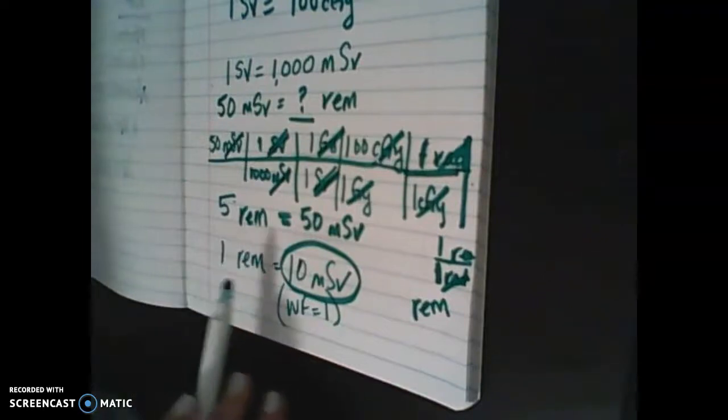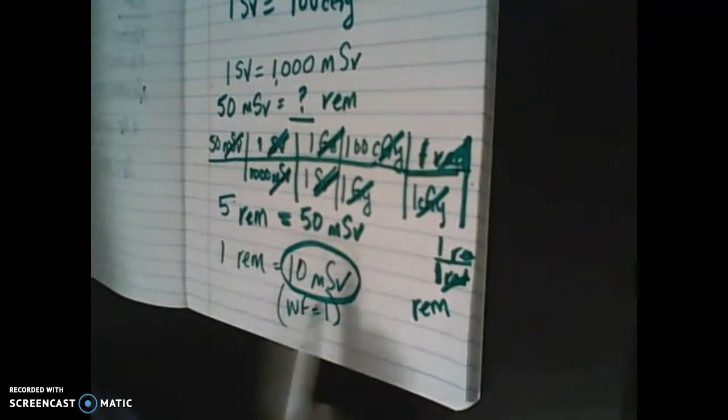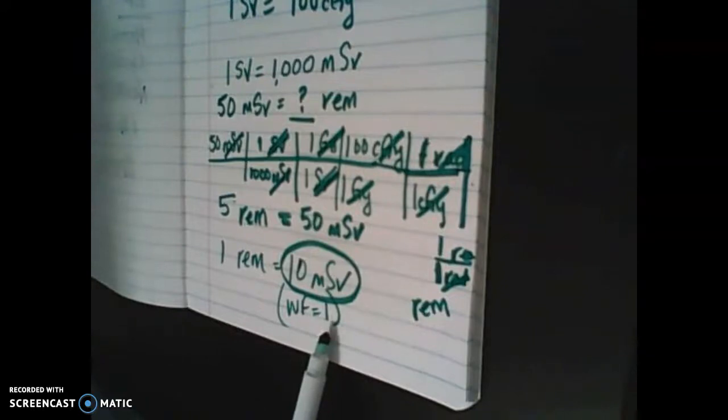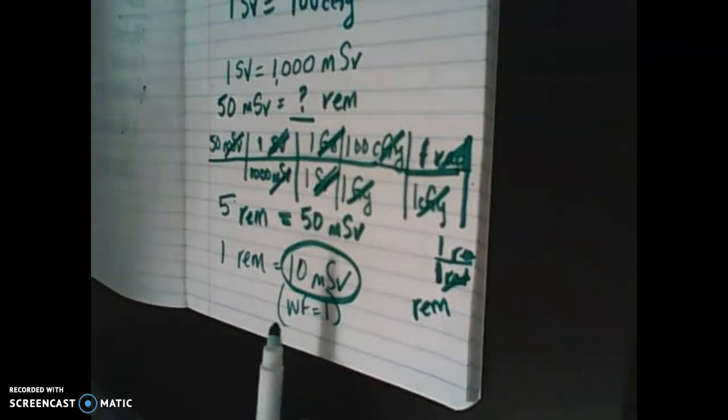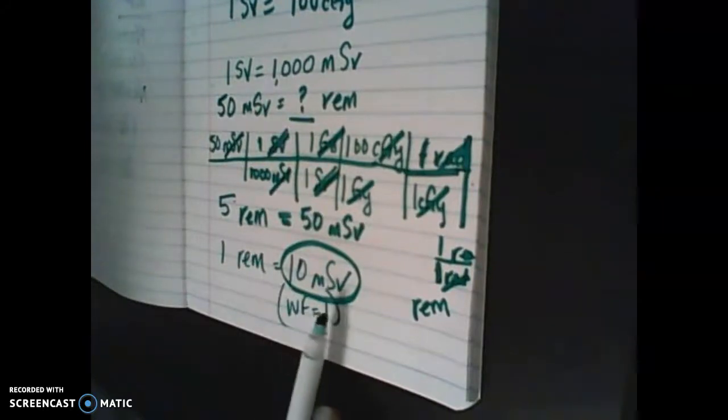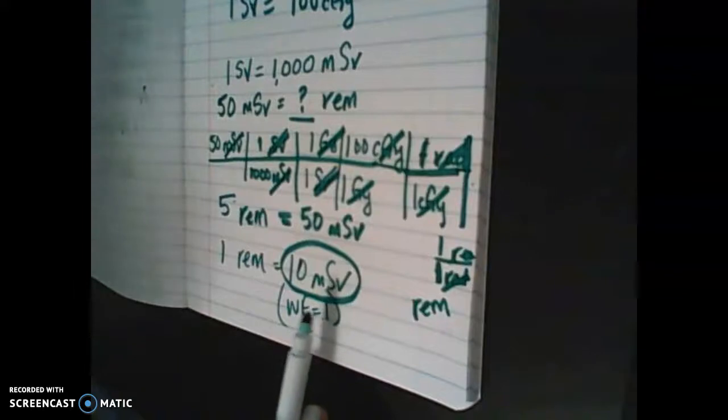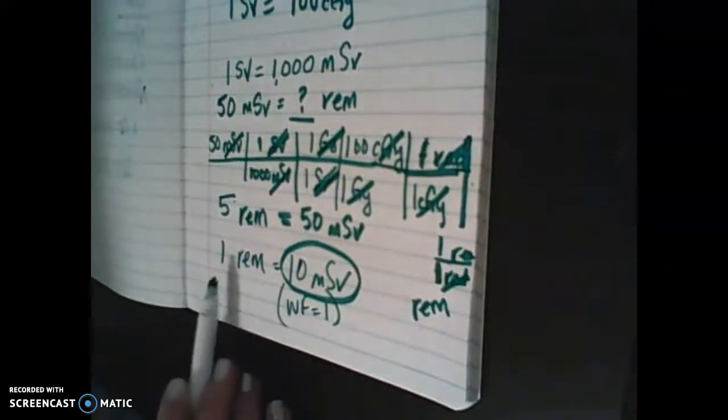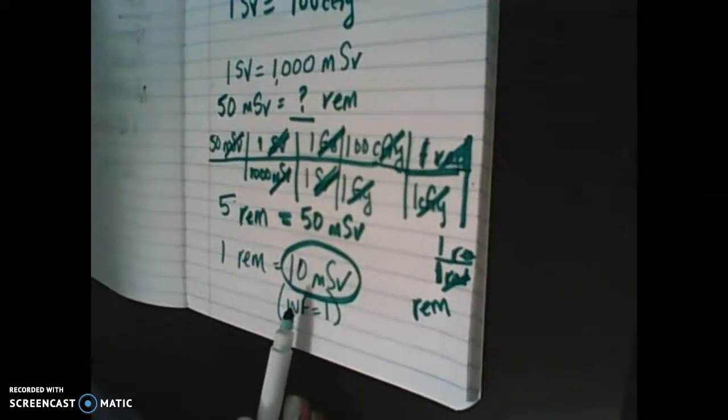So we used to use rem, but now we use the millisievert. So if your test gives you rem and asks what this is in millisieverts, then you can say 1 rem is 10 millisieverts.